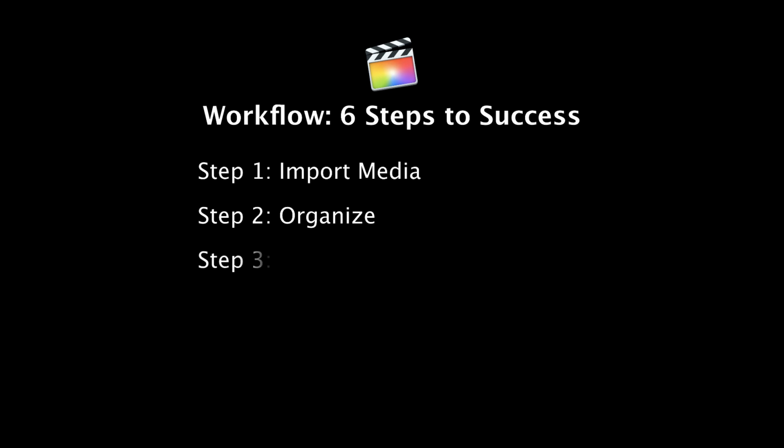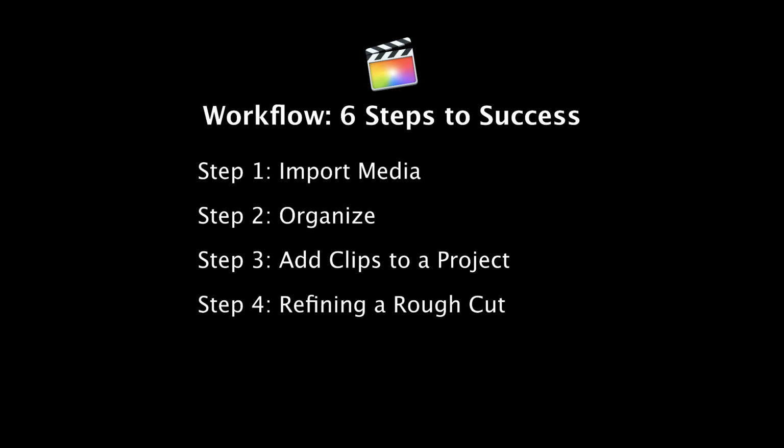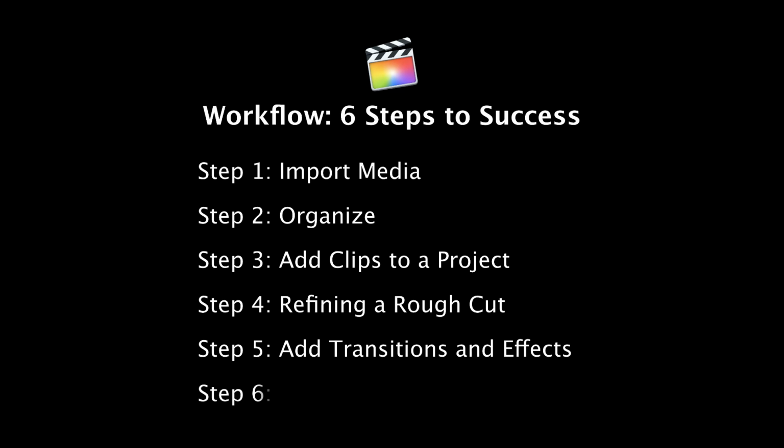Then in step 3, you're going to add those clips and start building a rough cut or a project. Then in step 4, you're going to refine that rough cut. Step 5, you might add transitions and effects. And then the final step is to share that project with someone. So those are the steps to making a movie with Final Cut.